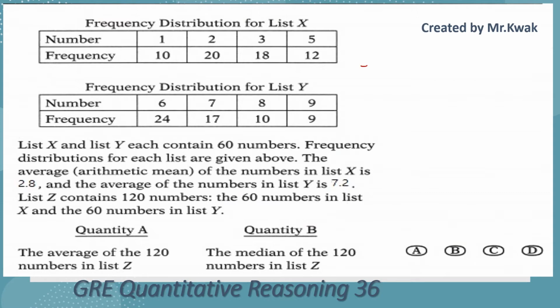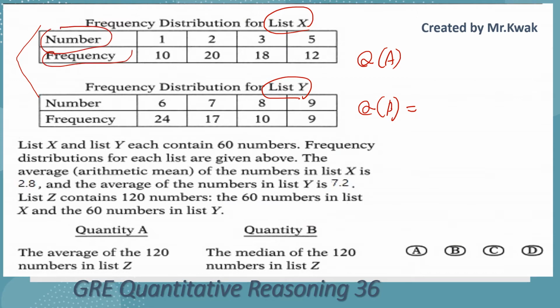There are two tables. Still, we don't know what they are asking. Frequency distribution of list X, list Y, and there's a number and frequency. So number and frequency have some relations here.